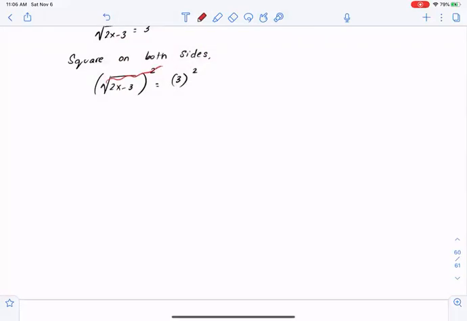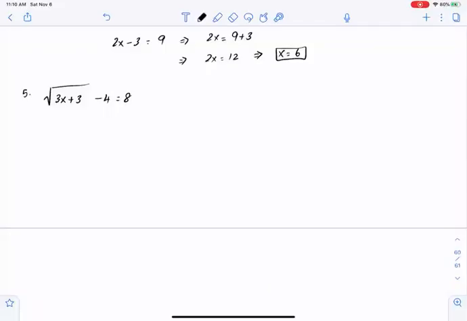The root and the square will get cancelled. 2x minus 3 would equal 9, which would mean 2x equals 9 plus 3. 2x would equal to 12. Divide by 2 on both sides. X will be equal to 6.